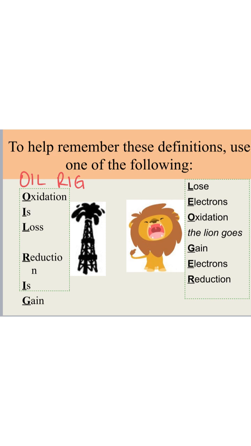You can also use LEO the lion goes GER. So lose electrons oxidation, gain electrons reduction. Whichever one makes sense to you and sticks in your brain, that's what I want you to use to help you be able to identify something as an oxidation or reduction in terms of reactions.